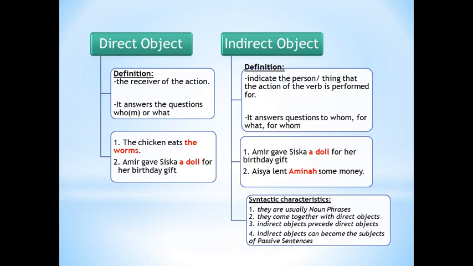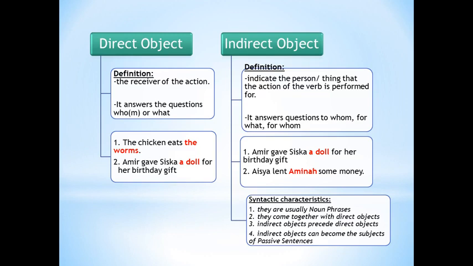Jadi indirect object adalah mengindikasikan atau menentukan orang atau benda untuk siapa tindakan dari kata kerja itu dilakukan. So indirect object menjawab pertanyaan untuk siapa, untuk apa. Saya ulangi. Indirect object menjawab pertanyaan pada siapa, untuk apa, dan untuk siapa.